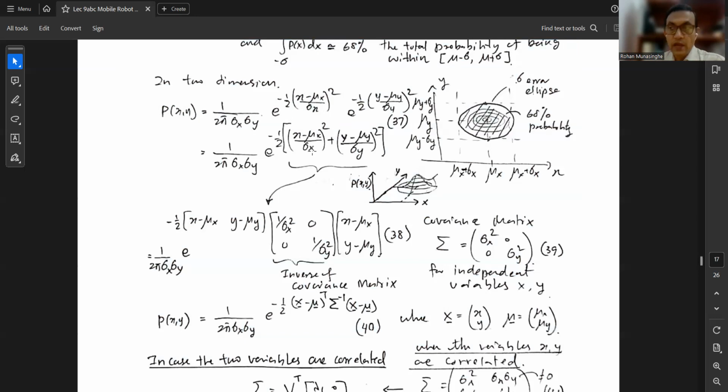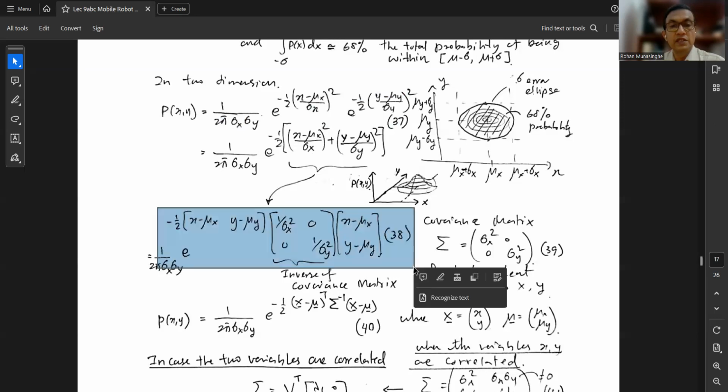Now, you can bring vectors and matrices here, right, to reformat the exponent into this format. This is just the exponent. You can write it this way. And it's clear to you, right? You have two quantities now, x minus mu x, y minus mu y.